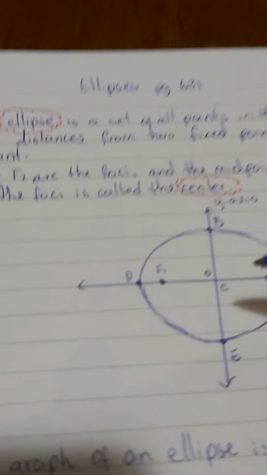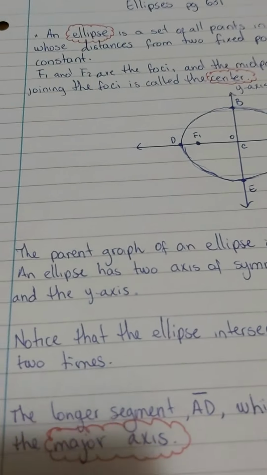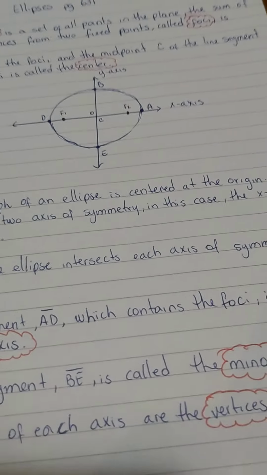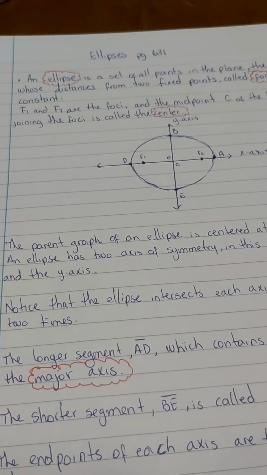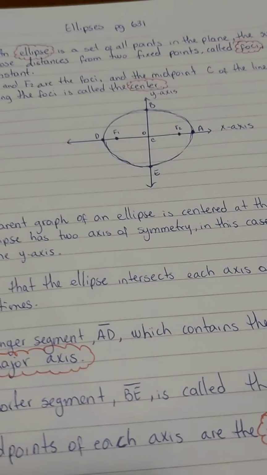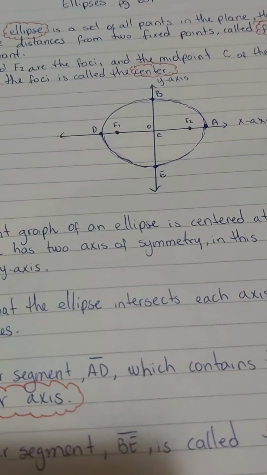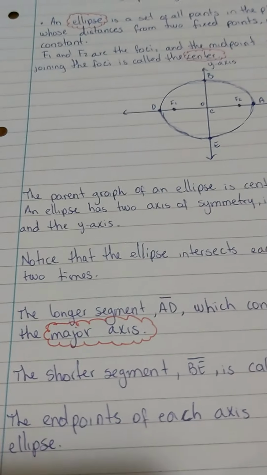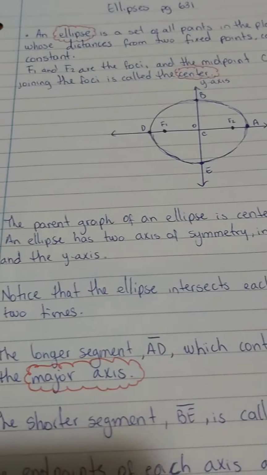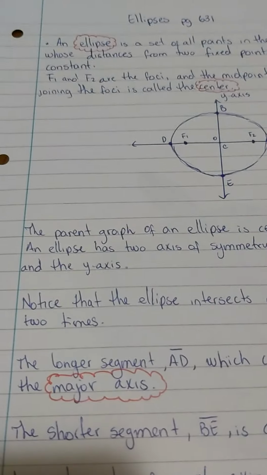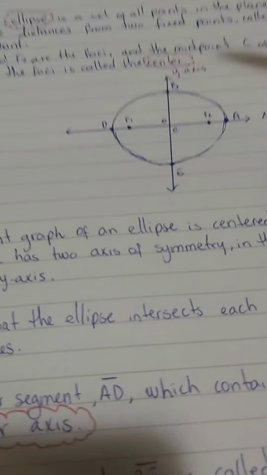Now, the graph of an ellipse is centered at the origin. An ellipse has two axes of symmetry, in this case the x-axis and the y-axis. Now notice that the ellipse intersects each axis two times.